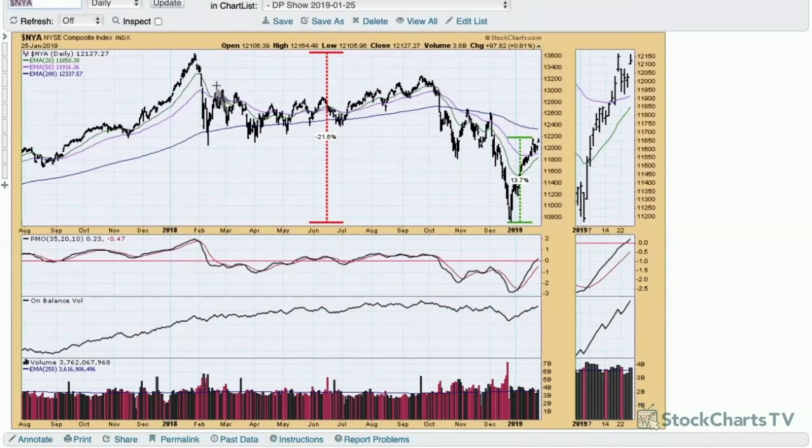Most of the averages made new highs in September and October, but the New York Stock Exchange Composite did not. And that's kind of the way I felt the market should be. I just noticed this maybe a couple months ago, because I don't follow the New York Composite anymore to any great extent. But you can see it entered bear market territory, down 21%, and it's rallied back a little less than half of that.